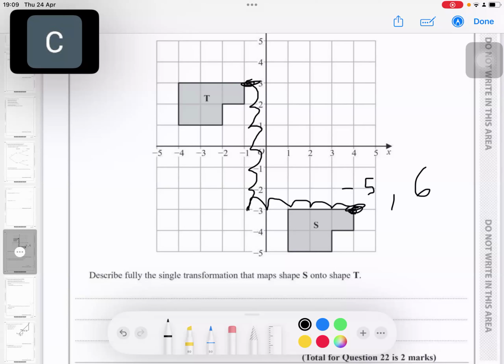Minus 5 and 6. Okay, that's for that point. Are you able to translate all the other points too? Or that should be enough for it, right? Yeah, because it's just a translation to me. Okay, that's fine.